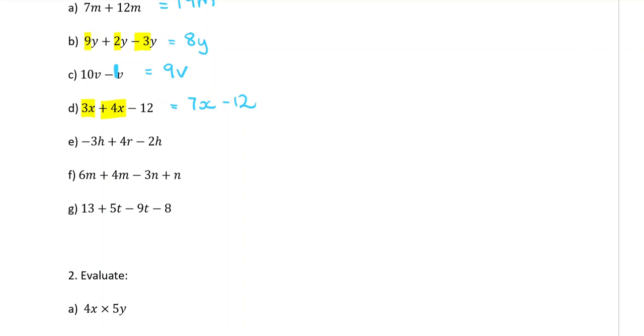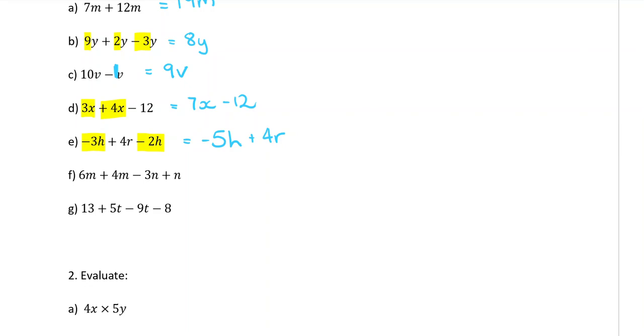E, we have minus 3h, and then there's another h term down here, minus 2h, but the 4r is different. Minus 3 minus 2 more makes a negative 5h, and the plus 4r will sit at the end.